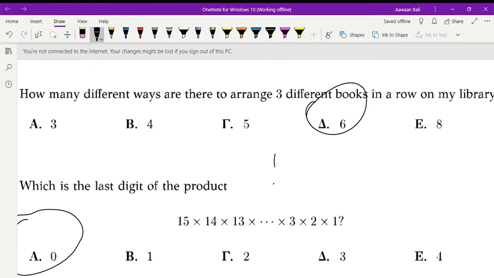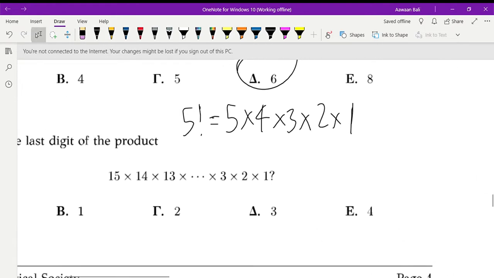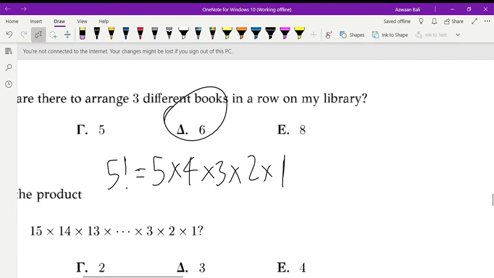Now, if you look at what a factorial is, let's say we're saying 5 factorial. Basically, you look at the number and start with that: 5 times 4 times 3 times 2 times 1. The number there, which is 5, multiplied by all the numbers below it, is 5 factorial.